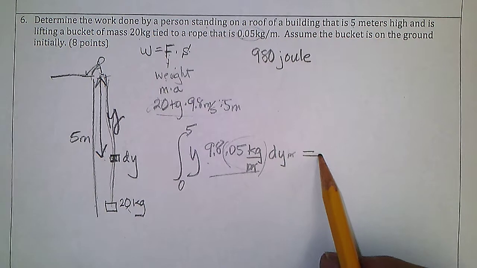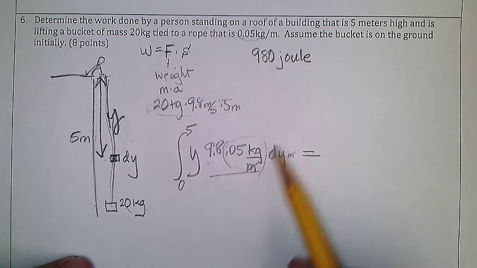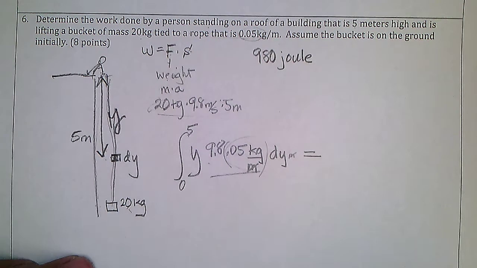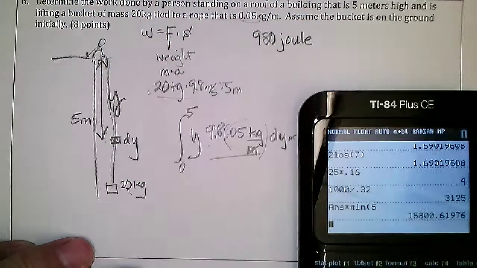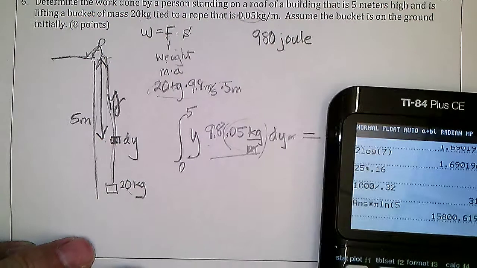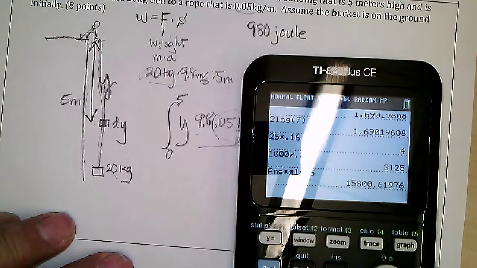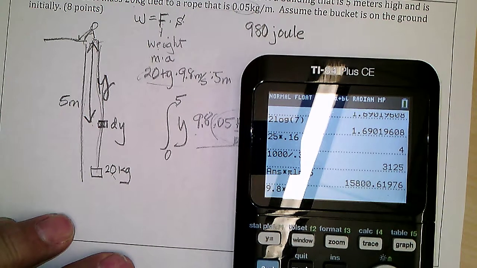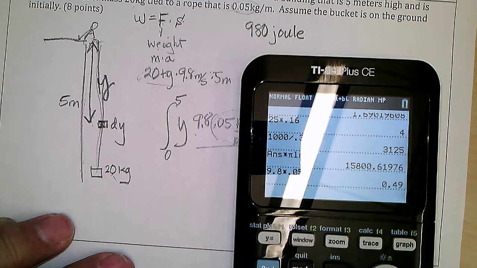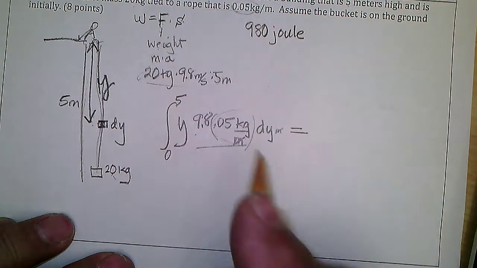So this becomes 9.8 times 0.05, which is 0.49.